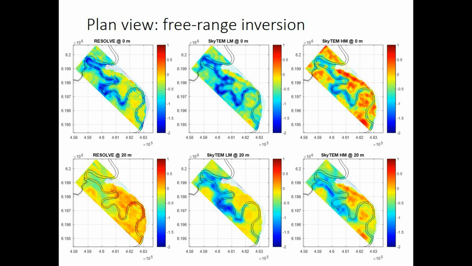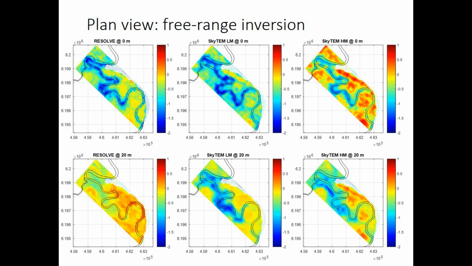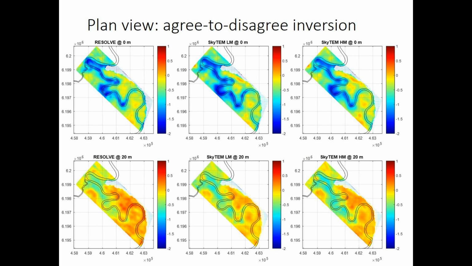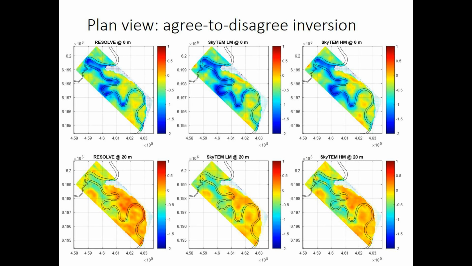It's very difficult to draw a concrete conclusion from those images. On the plan view after ATD inversion, on the surface they're much closer, and on the bottom too. If I go back and forth between the free range and agree-to-disagree, you see the improvement, right? Essentially, they are fitting the data to almost the same degree.